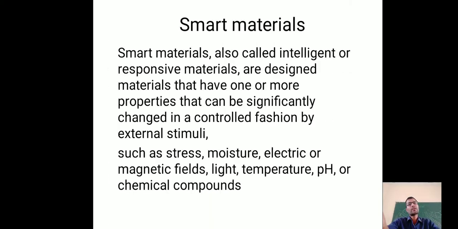So friends, first here what are smart materials. Smart materials are also called as intelligent materials. Smart materials are such materials which show one or more properties by changing external parameters such as stress, moisture, electric or magnetic field, light, temperature, pH or chemical compounds.